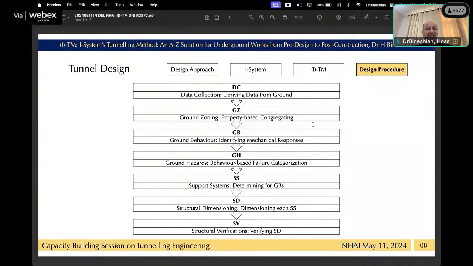GB is the ground behavior, identifying mechanical responses for each stretch, for each ground zone. GH is the ground hazard, behavior-based failure categorization. SS is the support system, determining for ground behaviors. SD is the structural dimensioning of each support system. And finally, SV is the structural verification, verifying our dimensioning.